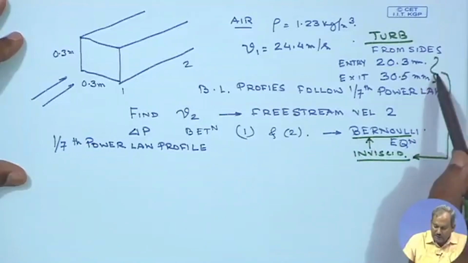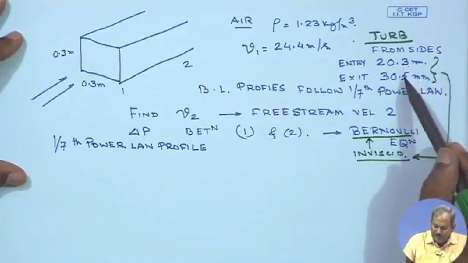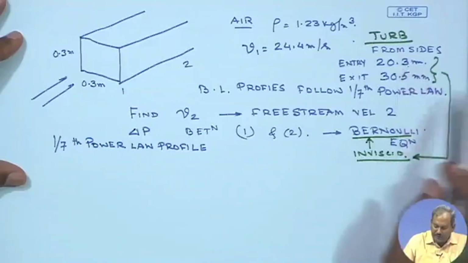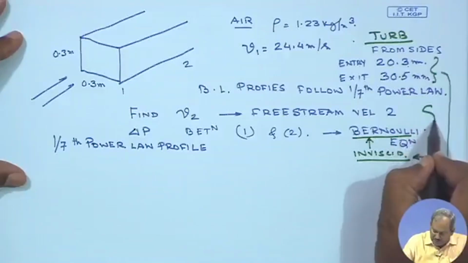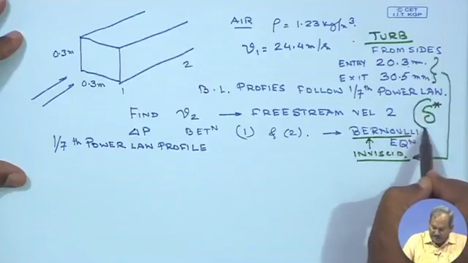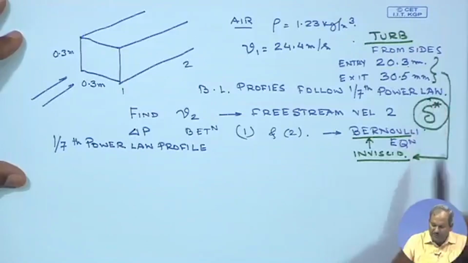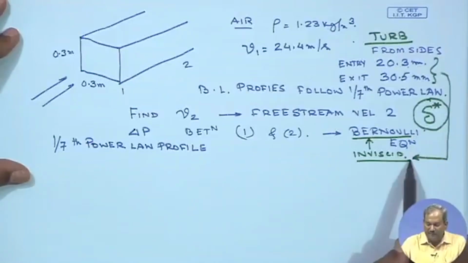So, to convert a flow situation which has a finite boundary layer thickness and then a free stream beyond that to inviscid, I have to use the concept of displacement thickness. Because if I can introduce the concept of displacement thickness, then essentially the flow becomes inviscid everywhere.